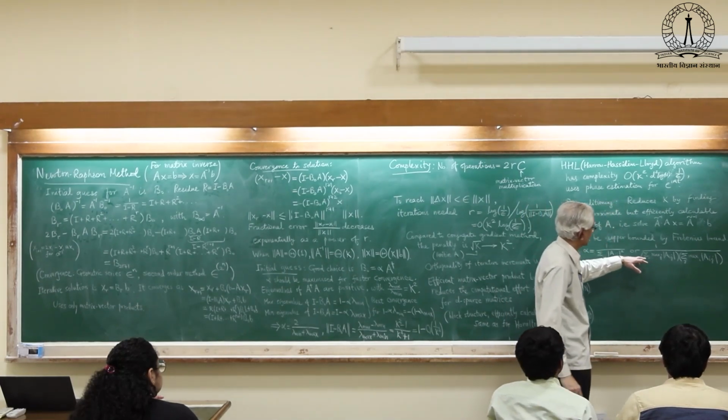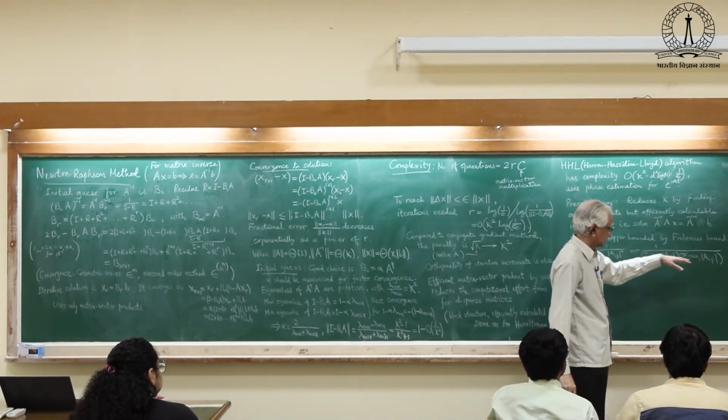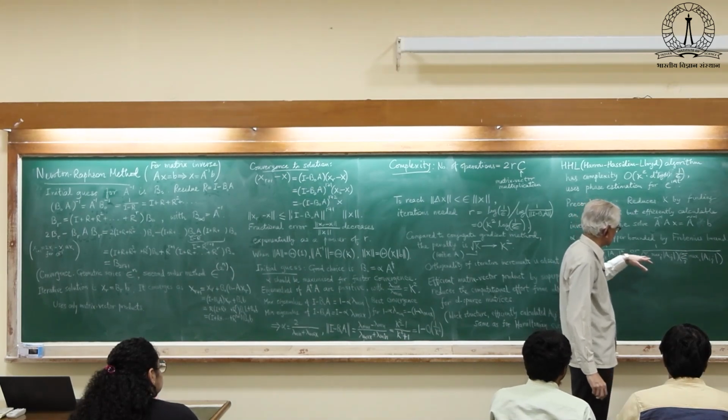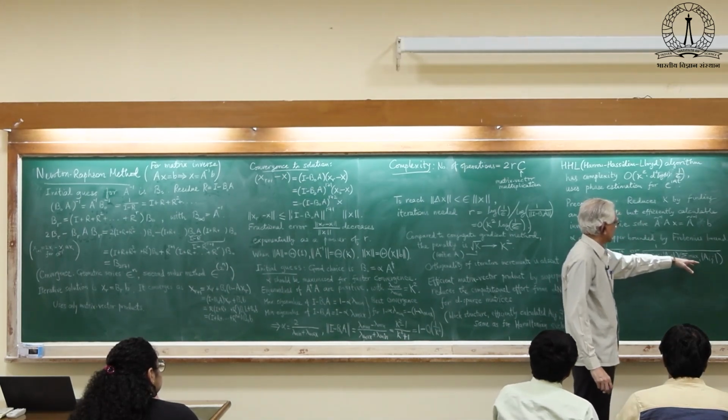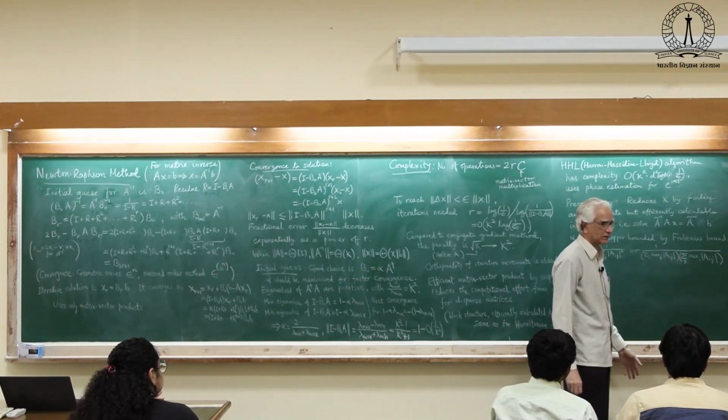So in some sense, you look at a row, and this is the largest element in the row, and this one will be the largest element in the column.